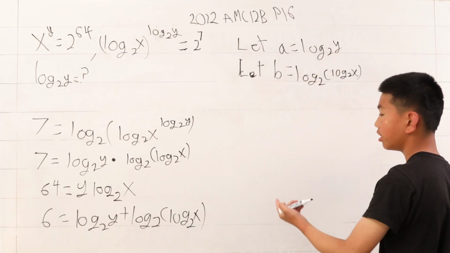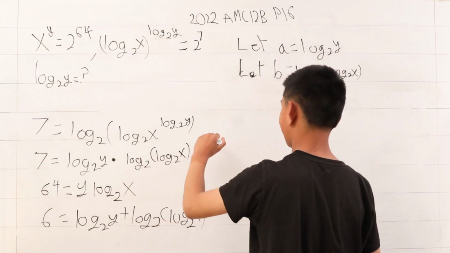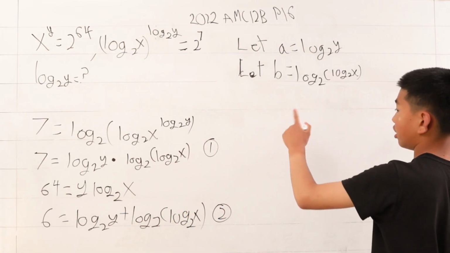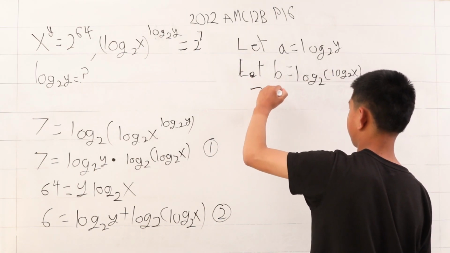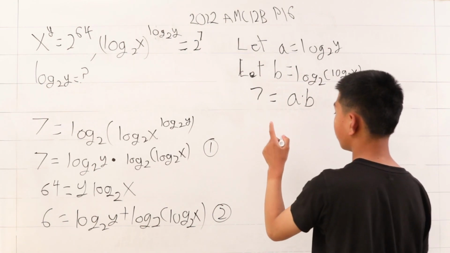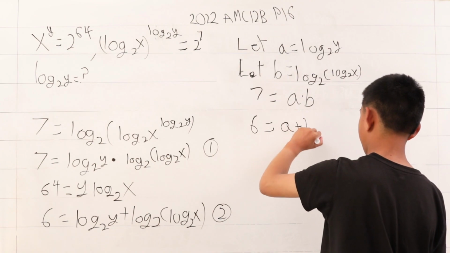So now we can plug this into our two equations. The first one is 7 equals a times b, and our second one is 6 equals a plus b.